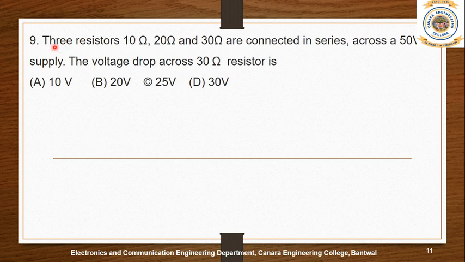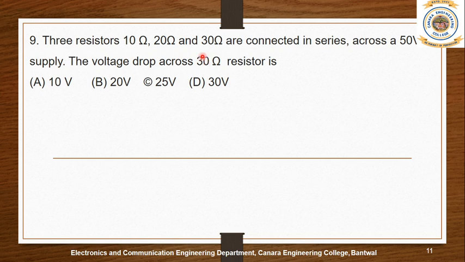Next, three resistors 10 ohm, 20 ohm and 30 ohm are connected in series across a 50 volt supply. The voltage drop across 30 ohm is? The voltage drop across any passive element is equal to I into R. R is given, so what is the current through 30 ohms?